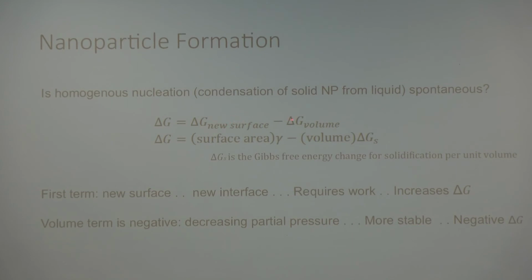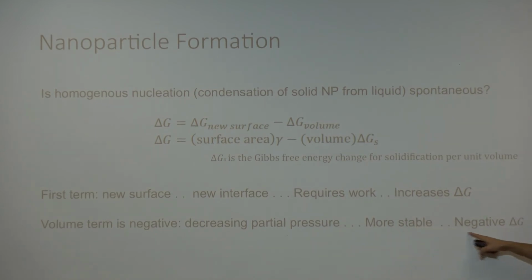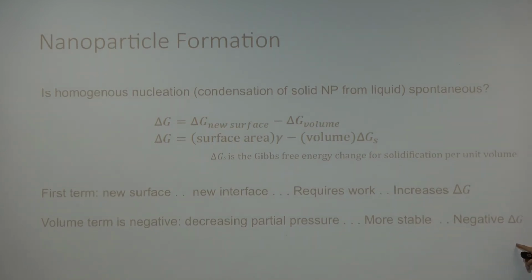But there is some energetic gain in terms of this volume, okay? The volume term is negative because you're decreasing the partial pressure by making something that's bigger, right? And that's going to make it more stable, which is going to move delta G more negative, okay?